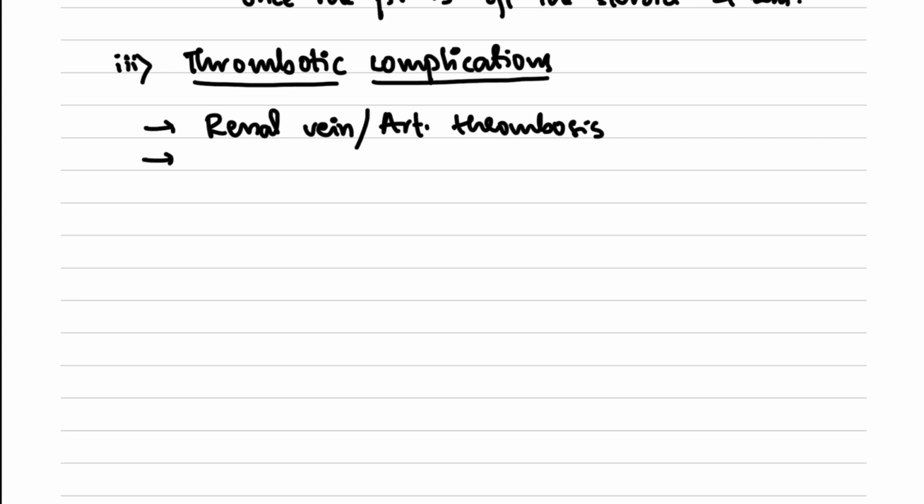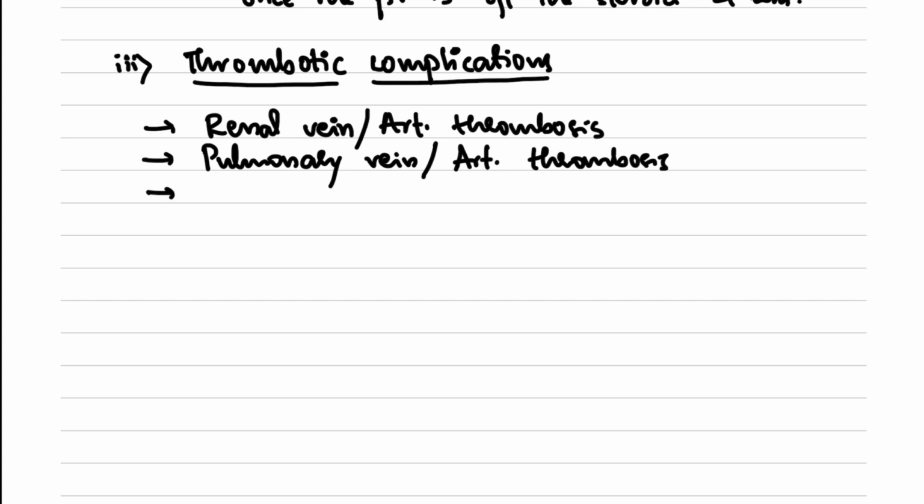The patient can have pulmonary vein or artery thrombosis, as well as cerebral venous thrombosis, resulting in stroke and other complications.